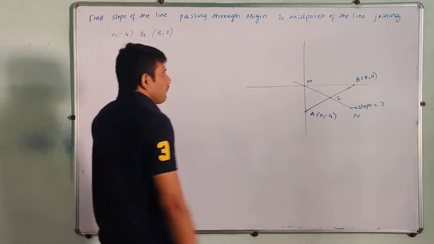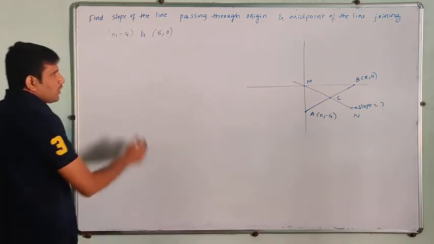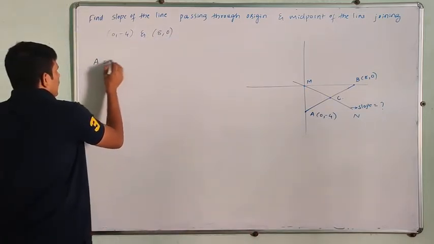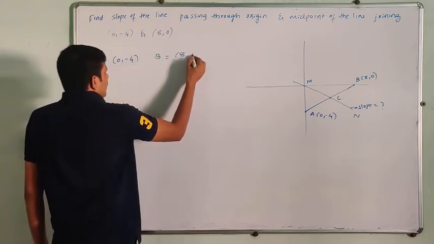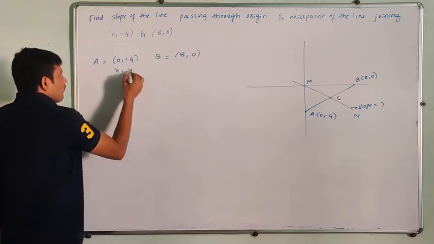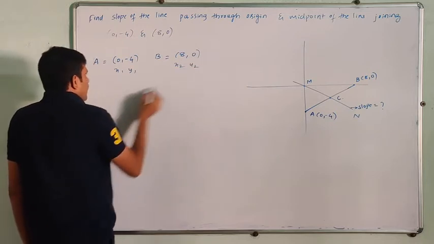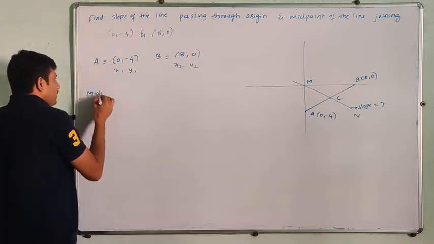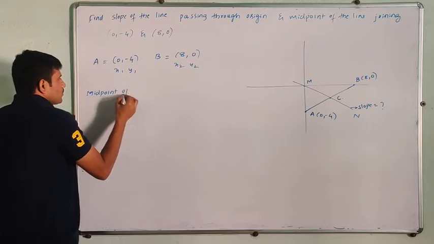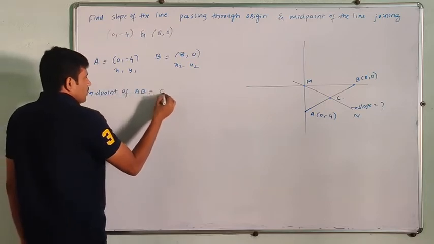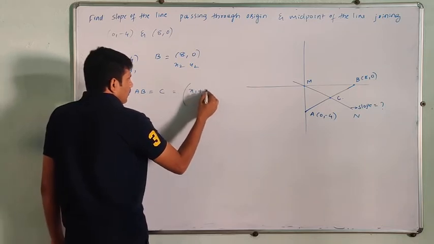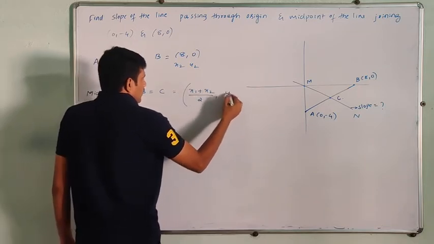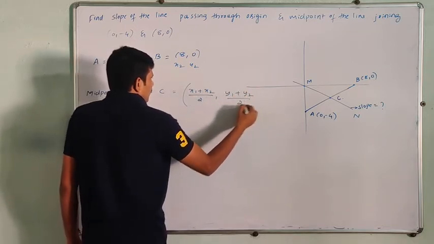So first I find the point C, that is the midpoint of AB. Let us say the coordinates of A are 0, minus 4, and the coordinates of B are 8, 0. So this is x1, y1, and this is x2, y2. The midpoint of AB, which is C, what is the midpoint formula? x1 plus x2 by 2, similarly y1 plus y2 by 2.